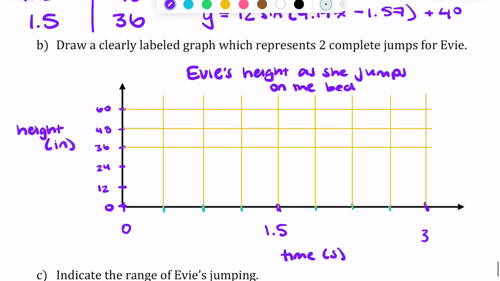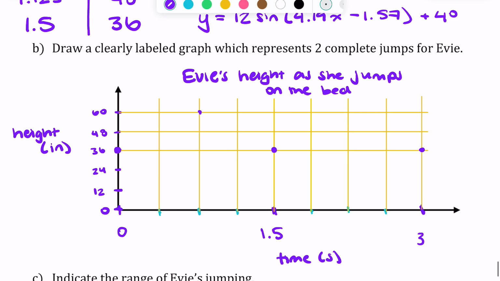All right, now here's the beauty of it. I know that my mins exist at 0, 1.5, and 3. That's why I chose my scale accordingly, so that I can have the min values essentially one period from the beginning.